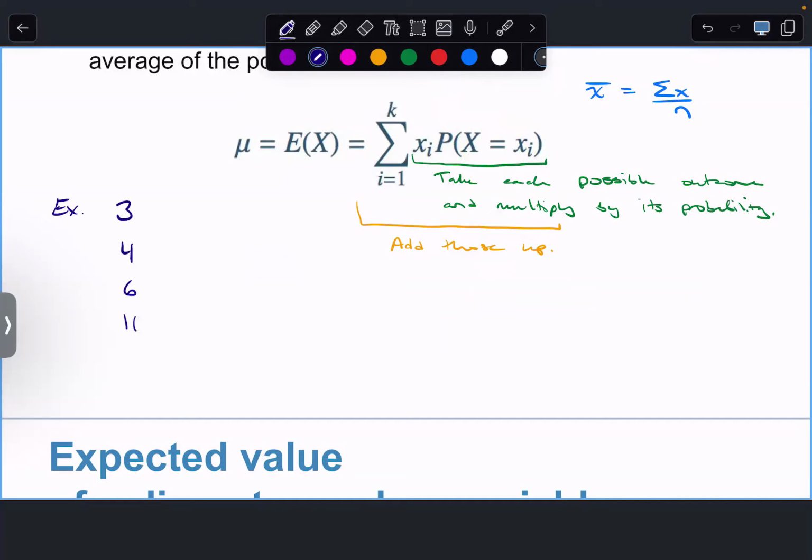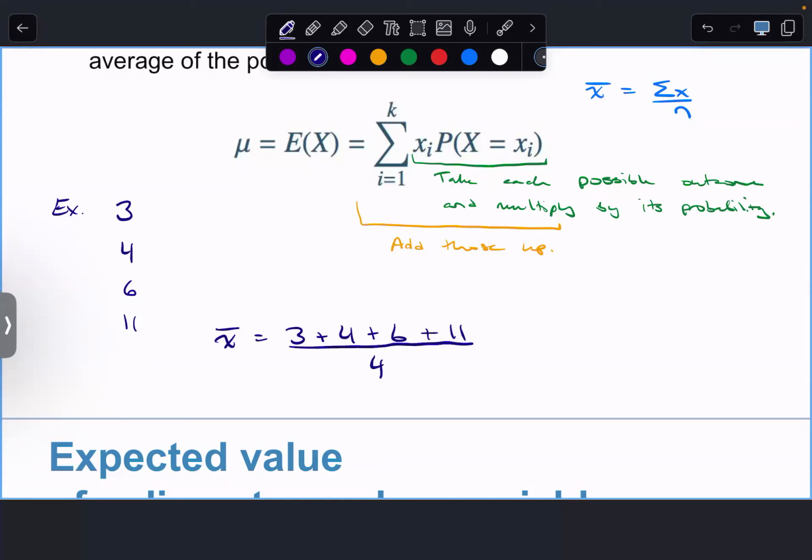I ask you to find the average. What are you going to do? You add these up, and then instead of dividing by n, right, x bar is going to be 3 plus 4 plus 6 plus 11, whatever that is, divided by 4.